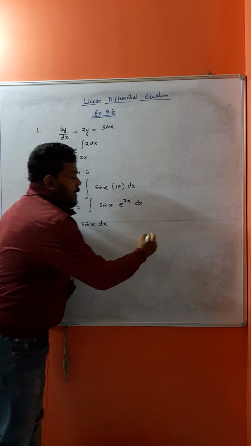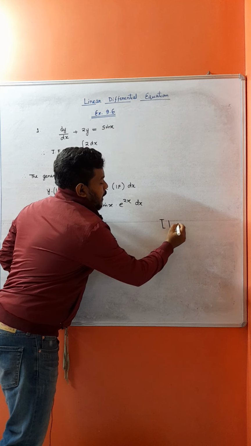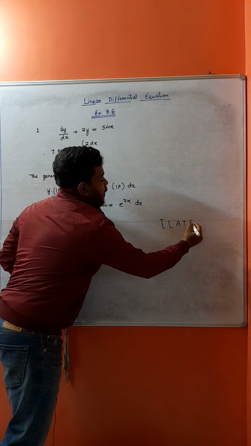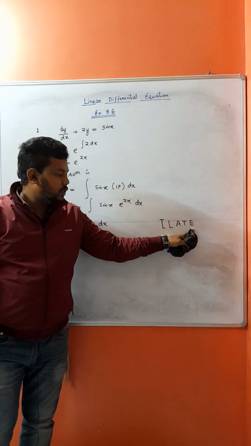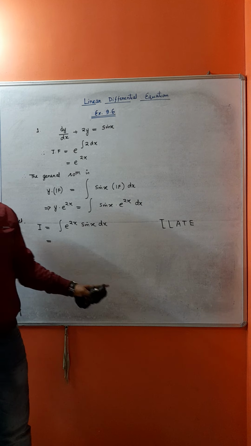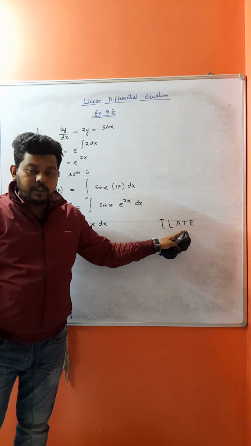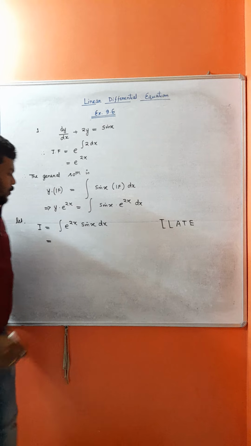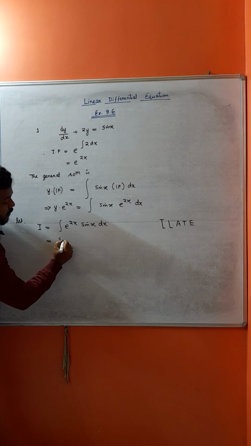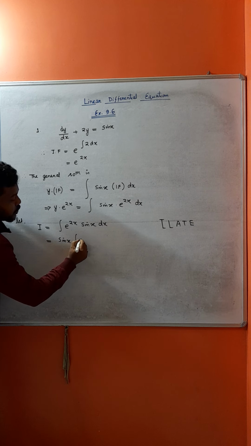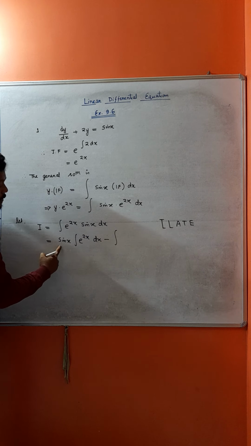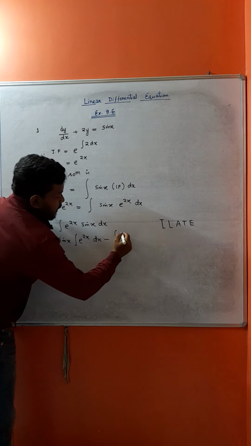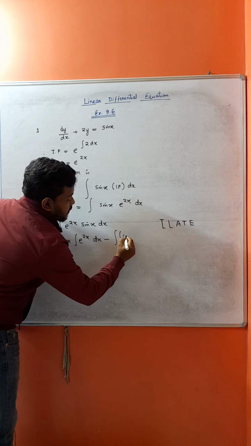So according to ILATE, e to the power 2x is an exponential function, so it is the second function, and sin x is trigonometric, so it comes first. So this is the first function. We can write sin x into integration of e to the power 2x dx minus, if I differentiate sin x, we get cos x.